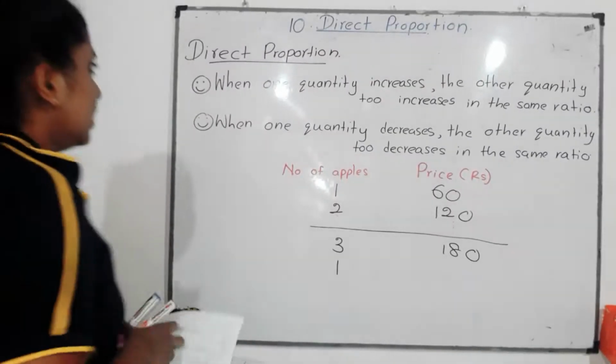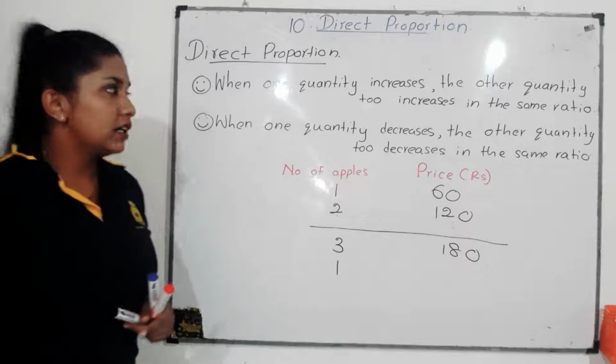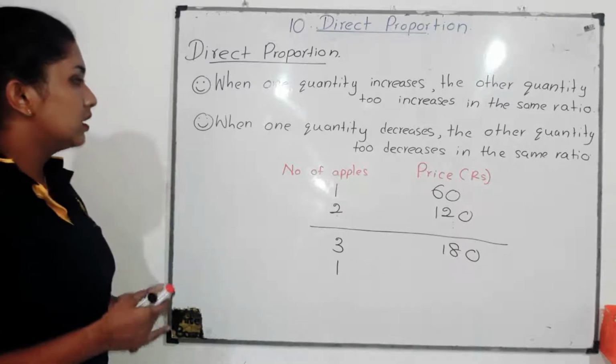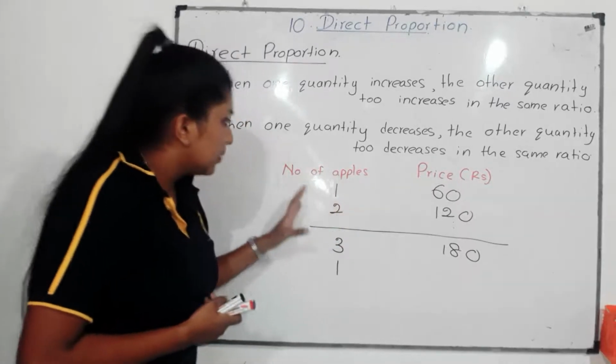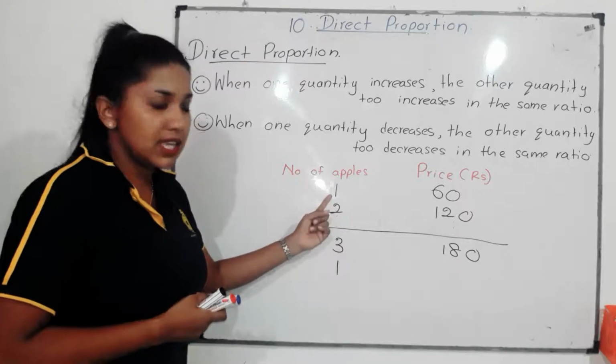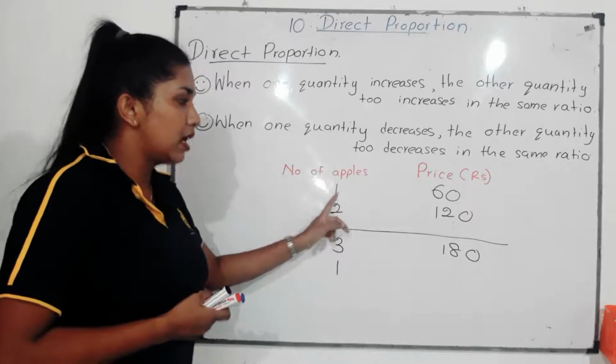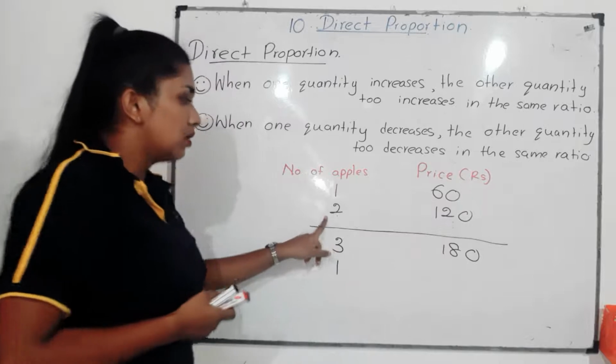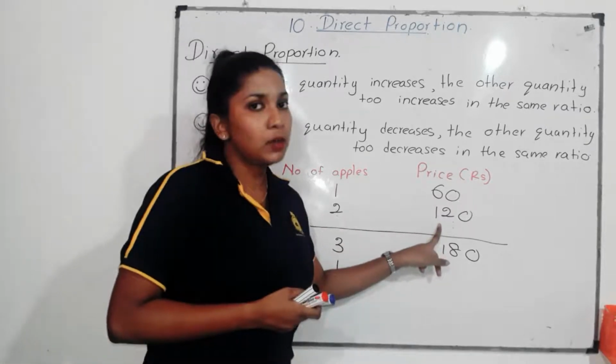And the next thing is direct proportion. Let us discuss this one. In the previous example, the price of one apple is 60 rupees and the price of 2 apples is 120 rupees.